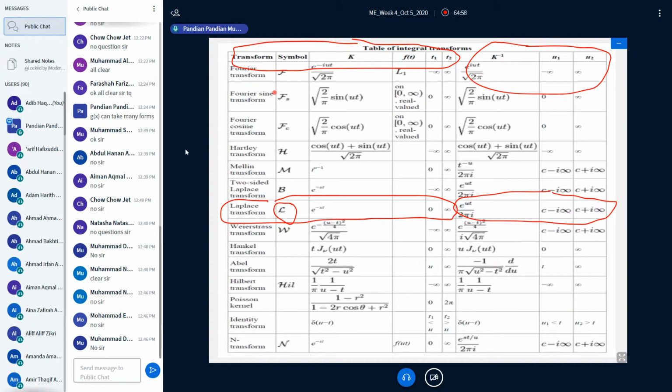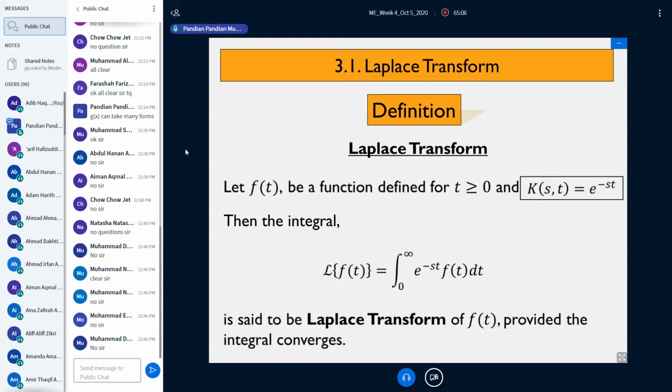The table of integral transforms has so many, so we pick one only and define the Laplace transform. When K(s,t), a function of s and t, is equal to e to the power minus st, a very special case, this is for the Laplace transform.